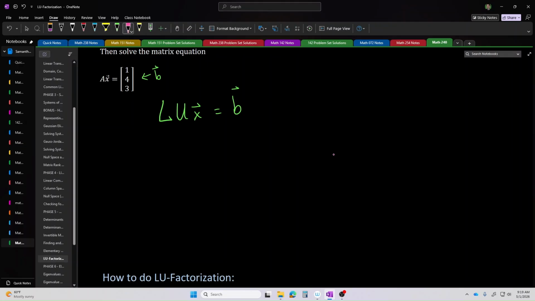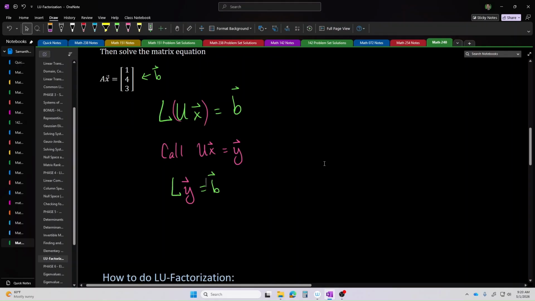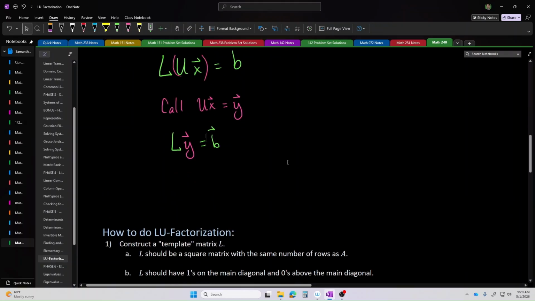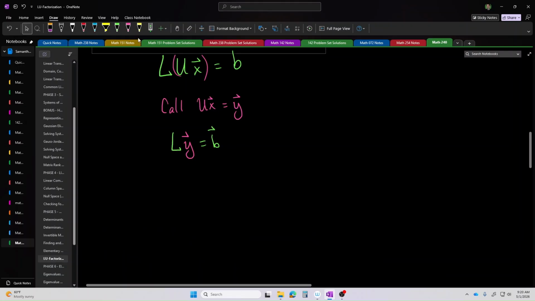I'm going to start, for example, by calling this result Ux equal to a vector y. And I'm going to consider the equation L times y equals b. I'm going to start by solving this equation for the vector y, and then, in a secondary step, solve this equation for the vector x.